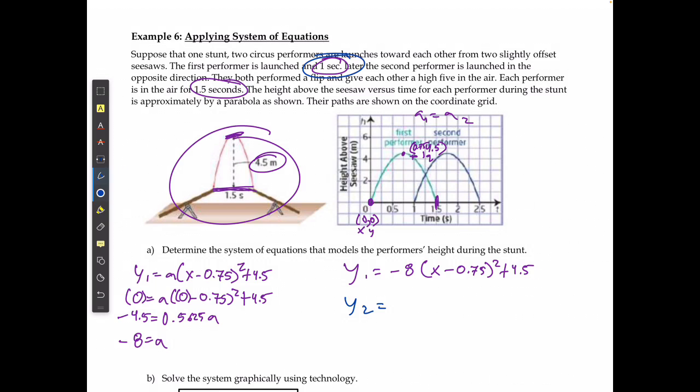This guy is launched 1 second later and it keeps the same shape, which means that everything here is just 1 unit to the right of where it finished. 1.5 becomes 2.5. This guy started at 0, this guy started at 1, which means all I'm doing is adding 1 to my p-value: negative 8(x minus 1.75) squared plus 4.5.